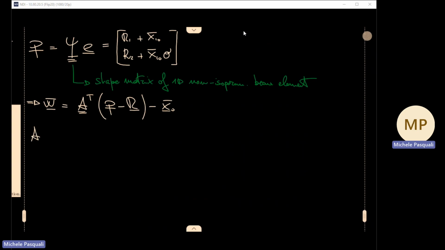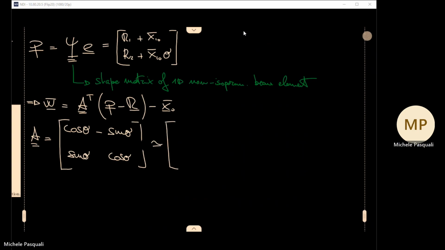Now A, which is the cosinus of theta, minus sinus of theta, sinus of theta, and cosinus of theta, with the hypothesis of small rotation, becomes 1 minus theta, theta 1. Okay? Again.